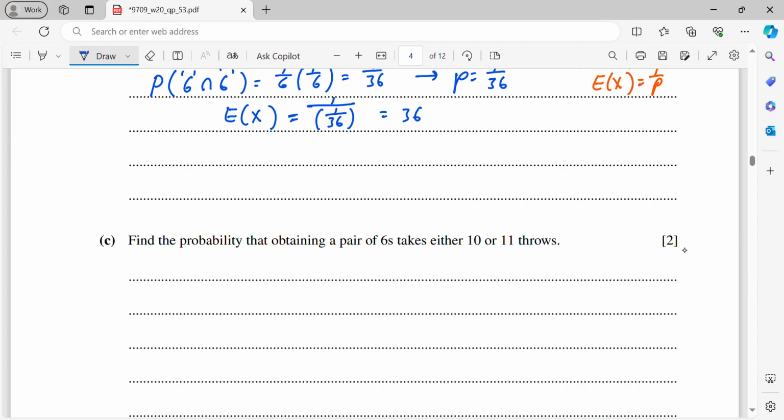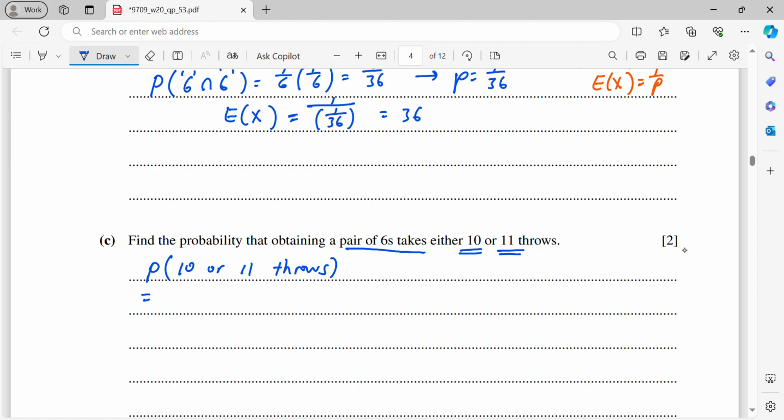Now part c, find the probability that obtaining a pair of 6 takes either 10 or 11 throws. So here I will write 10 or 11 throws.